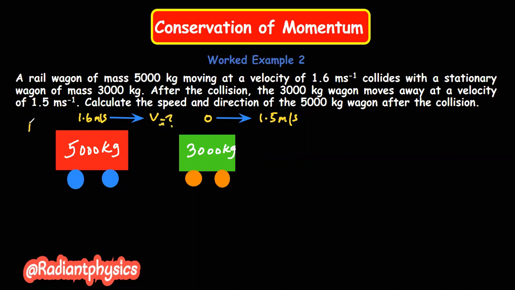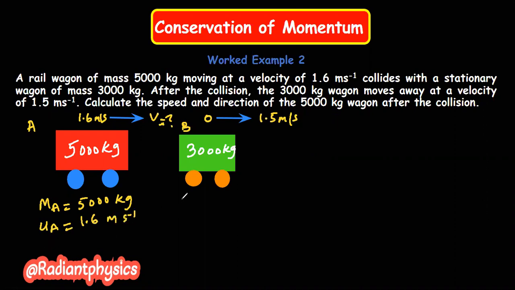So let's call this one A again, and we call this wagon B. So we just write out what we have. Our mass A is 5,000 kg. Then initial velocity is given as 1.6 meter per second.